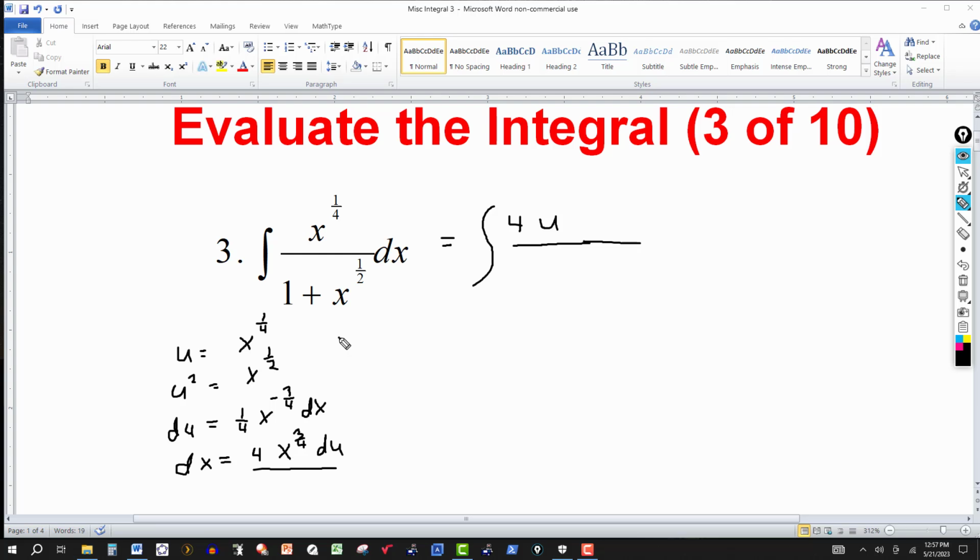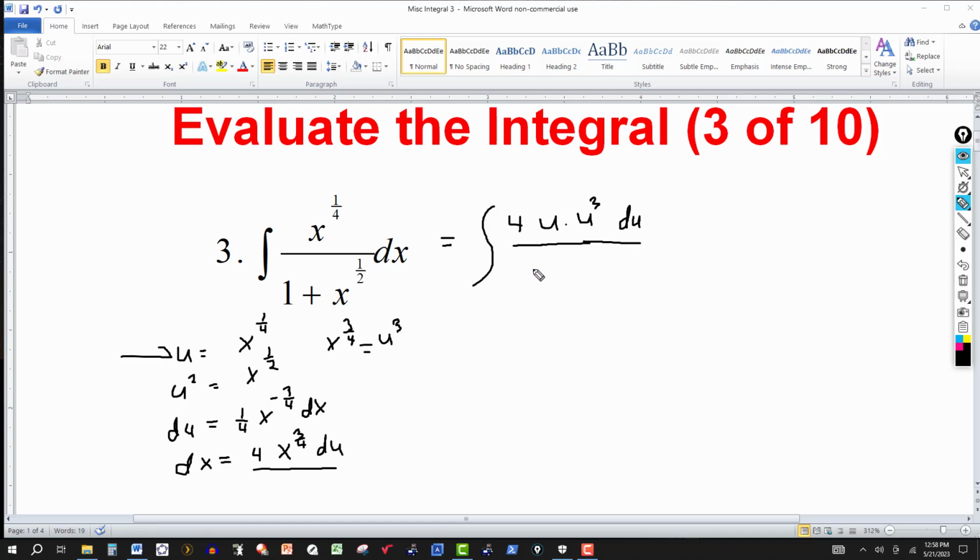Well, let's rewrite this x to the 3/4 by this u substitution. If I cube both sides here, I get x to the 3/4 is equal to u cubed. Since I want everything in terms of u, I'm going to write in u cubed, and then this will be du.